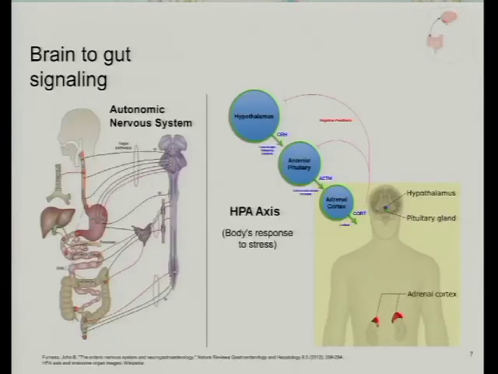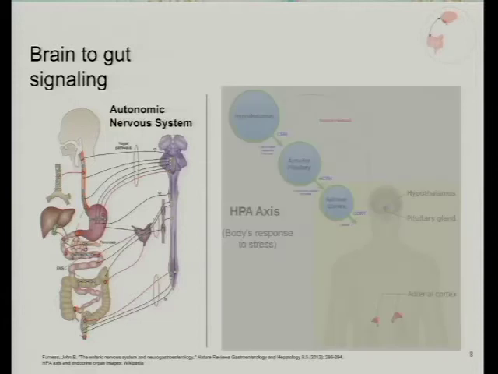From a top-down view, going from the brain to the gut, two major mechanisms by which the brain can influence the gut are the autonomic nervous system and the HPA axis. The autonomic nervous system is involved in controlling involuntary actions of your internal organs, such as your heart beating or digestion.